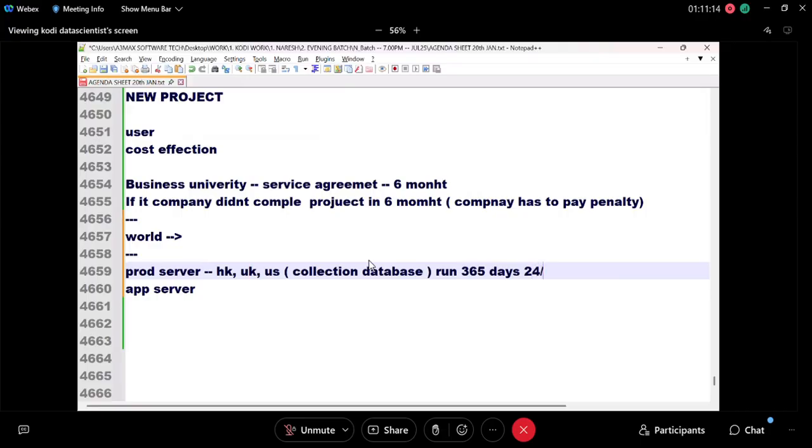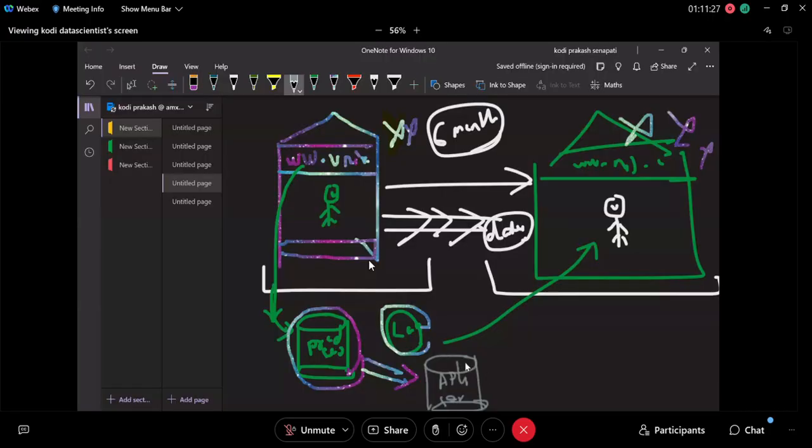Guys, are you getting my point? 365 days, 24 by 7. It never stops. Amazon.com, have you ever seen it stop? Understand? If the production server is shared with someone, someone can hack it, or not? So that's why there are two servers. In a company, 1,000 employees are working.